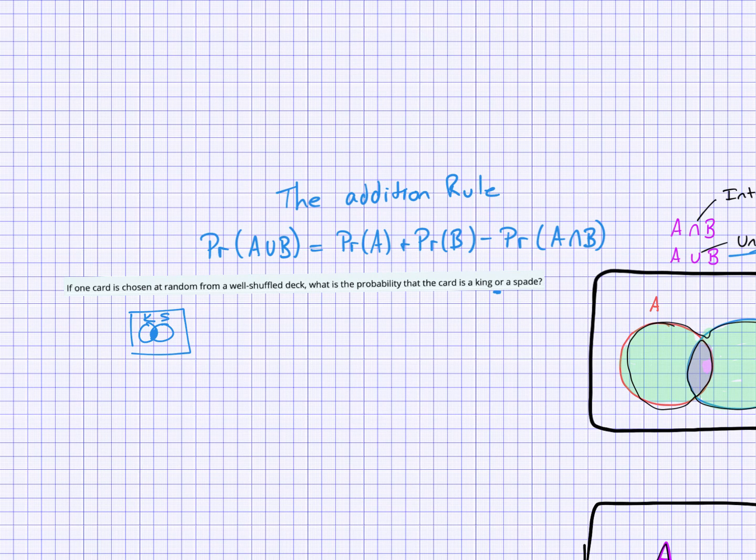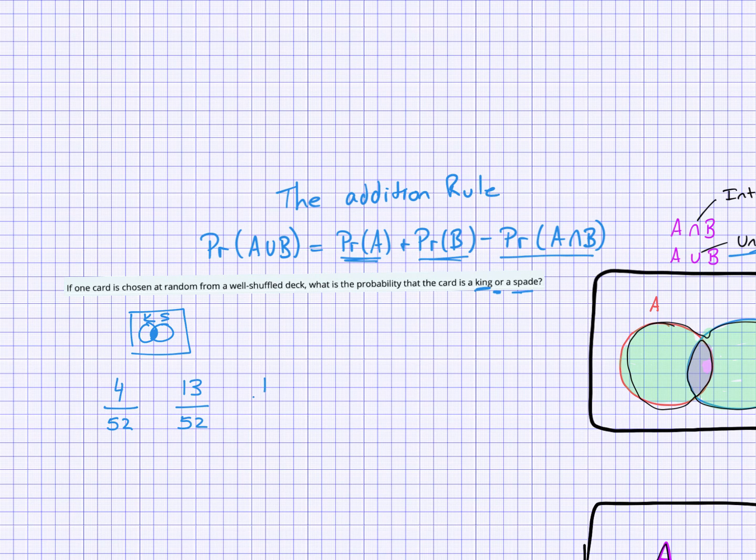All right, so let's see. How many kings are in a deck? We have 4. How many spades are in a deck? We have 13. All right, so the chances of pulling a king out are 4 in 52. The chances of pulling a spade out are 13 in 52. And I have to subtract the chance of pulling the same thing out.